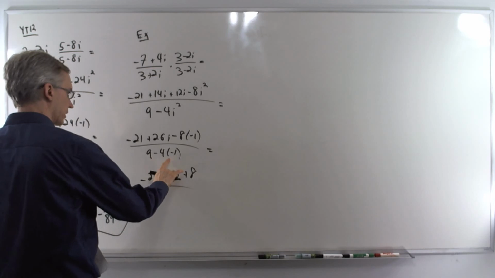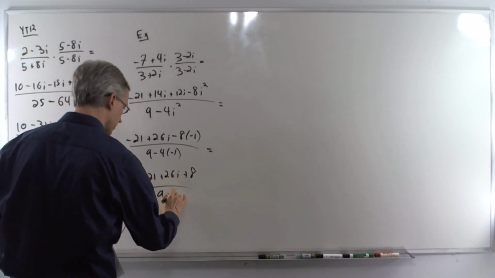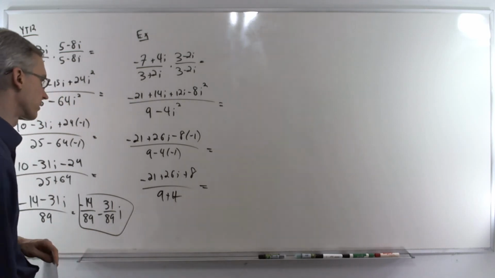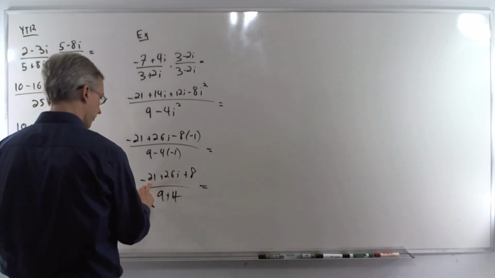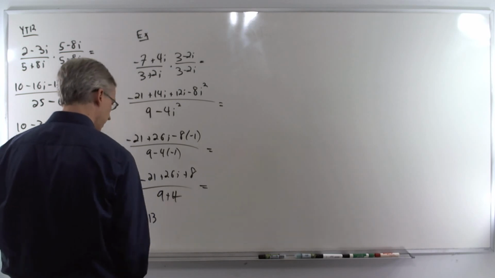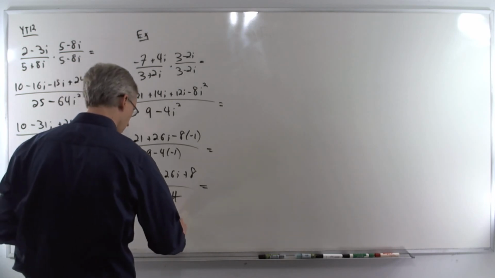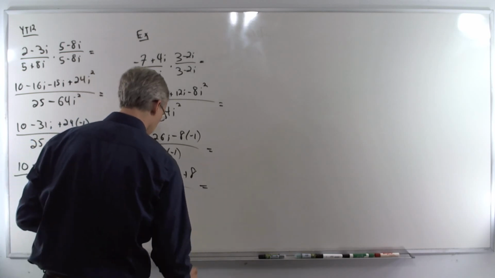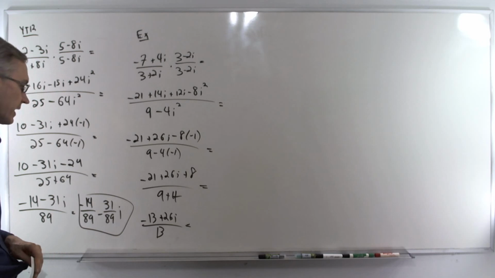And over here, subtracting a negative 4 is adding 4. So 9 plus 4 there. Now we can combine the constants on top. Negative 21 plus 8 gives us negative 13 plus 26i over 13. Now at this point, we need to do some factoring.